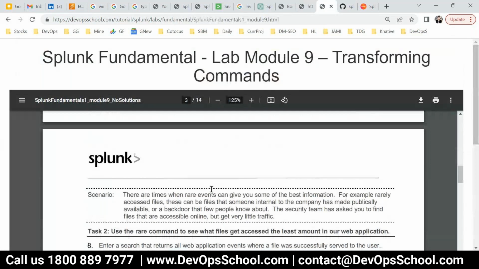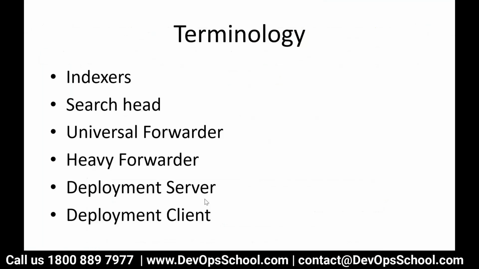Deployment server, nowadays we are not using it. Why? Because we have Ansible, Puppet, Chef. But if you want to understand the deployment server, think of it like this: let's say you want to change the input and output in thousands of servers. Now, what is the input and output?